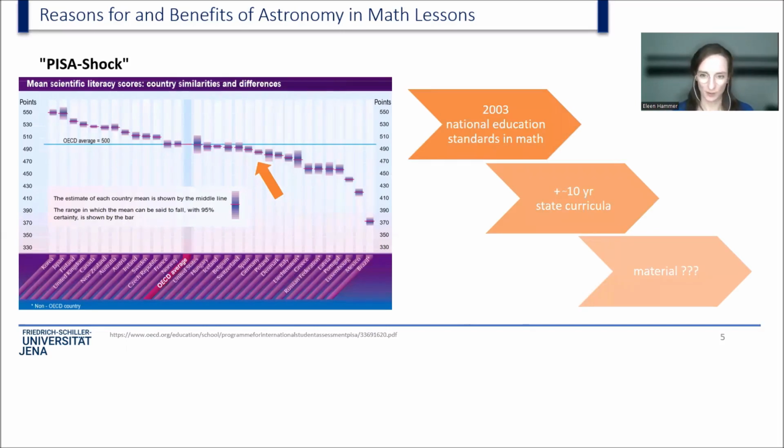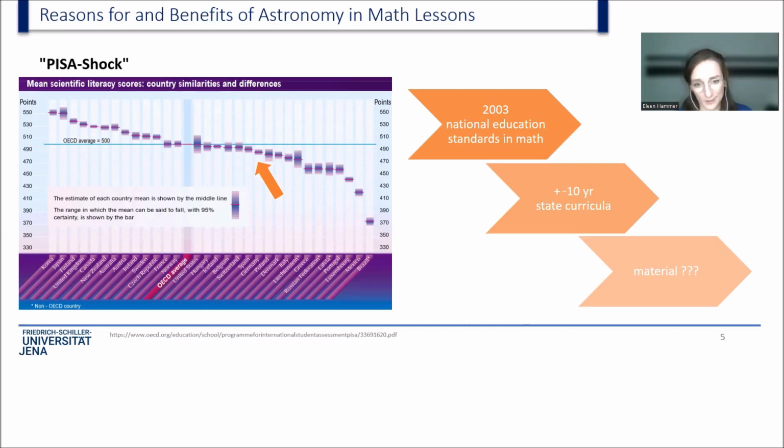And as a consequence of that, the German educational ministers of the states decided we need to implement national education standards, which means they should ensure that certain competences, not contents, but competences, will be taught in every one of our states. So these competence aims for mathematics were published in 2003.